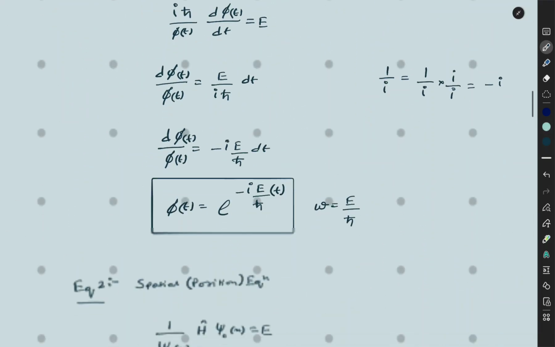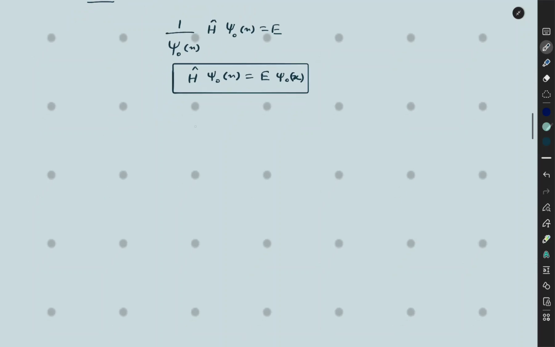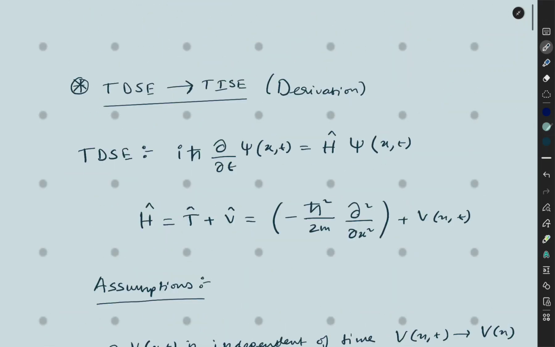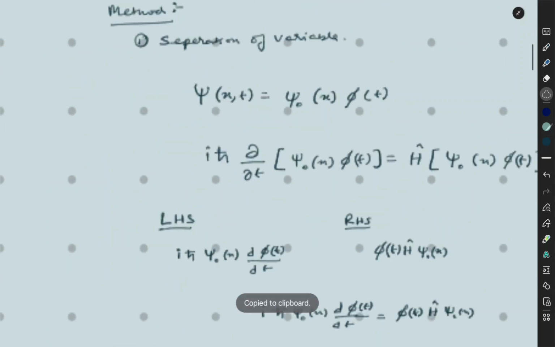So what will be the expanded form? First we'll write the Hamiltonian, that is del. We'll just copy it from here and paste it here.